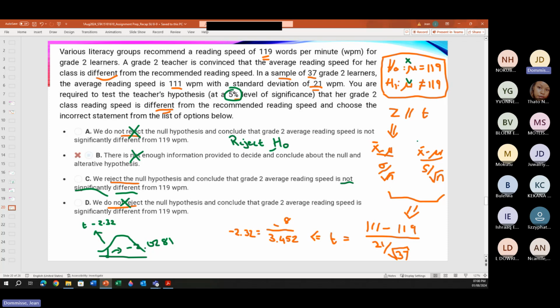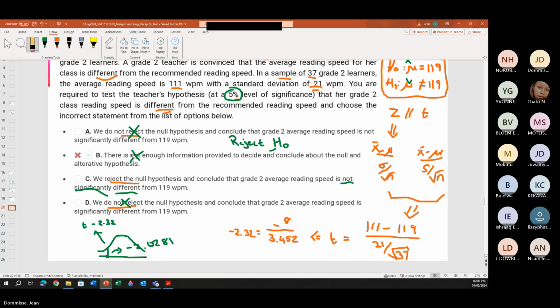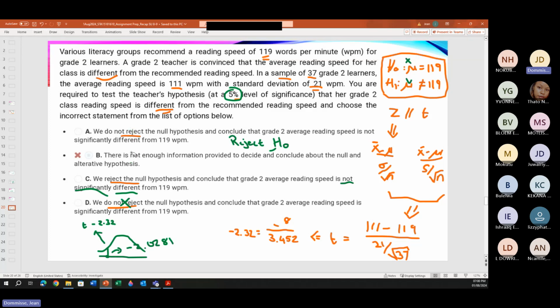But now a lot of it goes also into the wording. So just look at: we do not reject the null hypothesis and conclude that grade 2 average reading speed is significantly different. Okay, so again, very important how we read it, and the wording that goes with it.